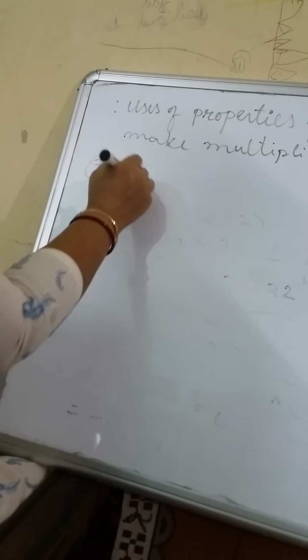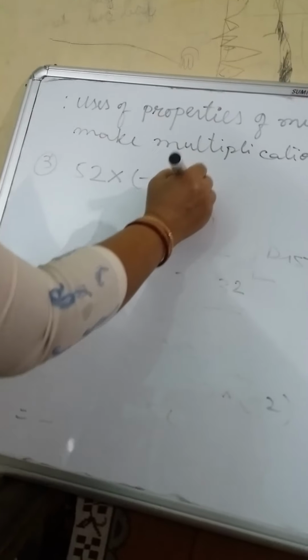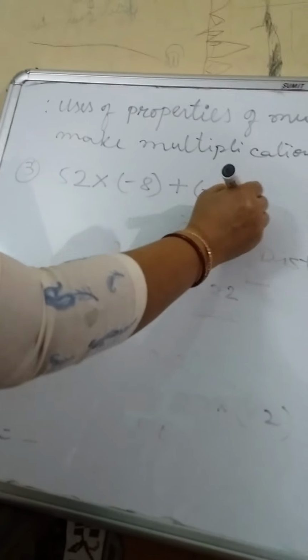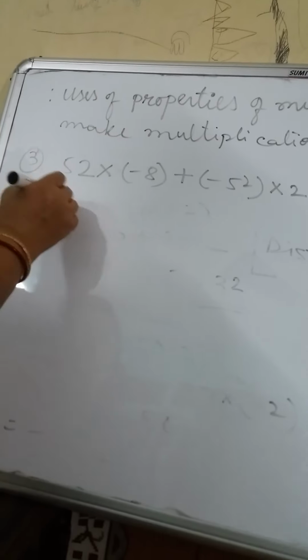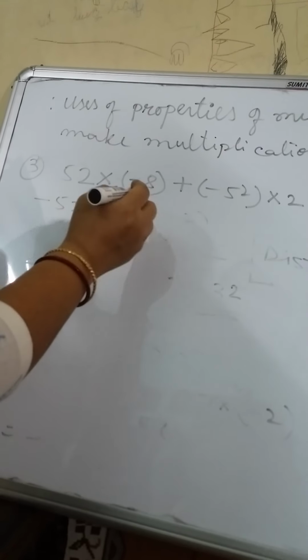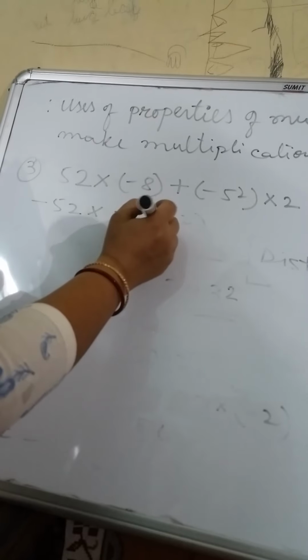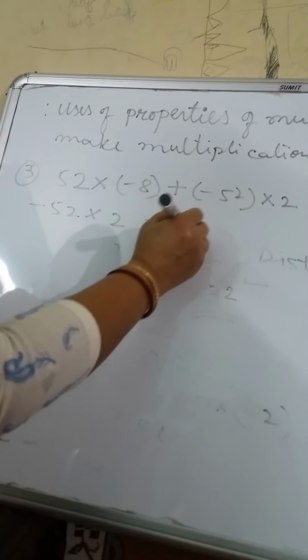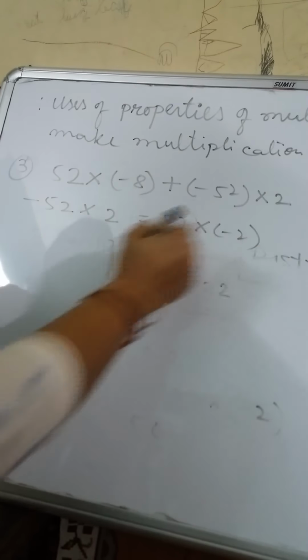Next I will take an example like 52 into minus 8 plus minus 52 into 2. Now minus 52 into 2 can also be written as 52 into minus 2.